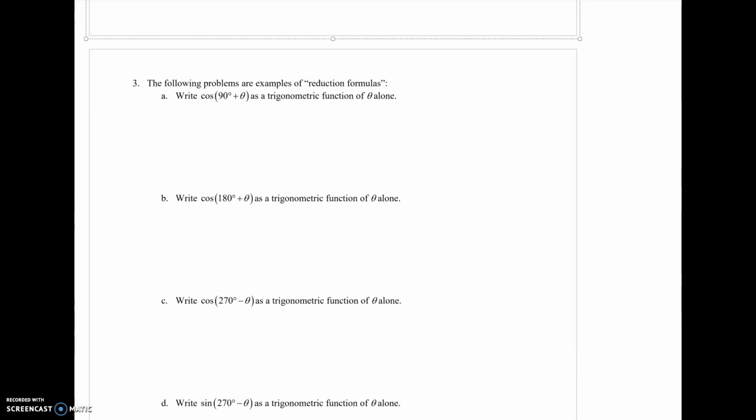So what do we have? We have cosine of 90 plus theta, and it is equal to what? Based on the formula, you are supposed to write cosine of 90 cosine of theta minus sine of 90 sine of theta.